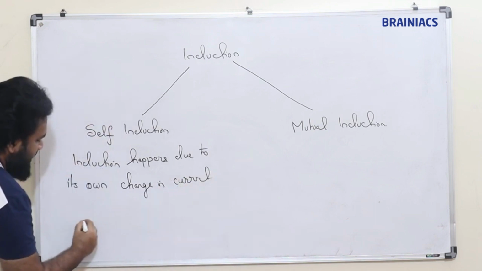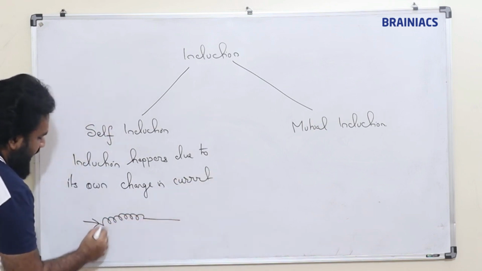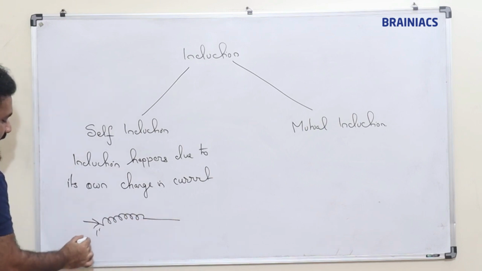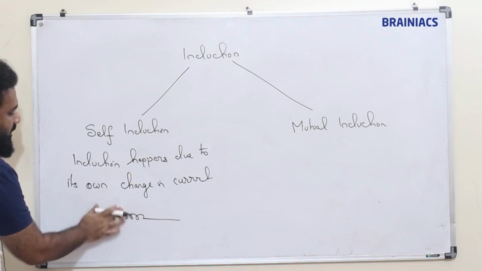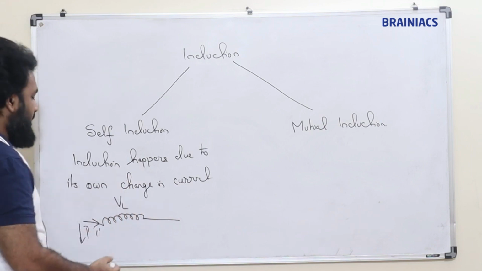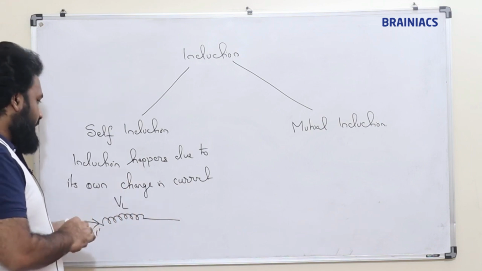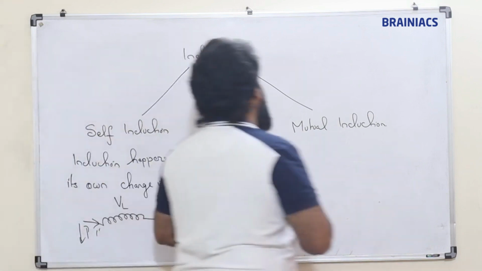Example is, suppose this is a coil, a current is passing through this coil and this current is either increasing or decreasing, then there will be an induced EMF VL. Due to the same current, that is what is self-induction.